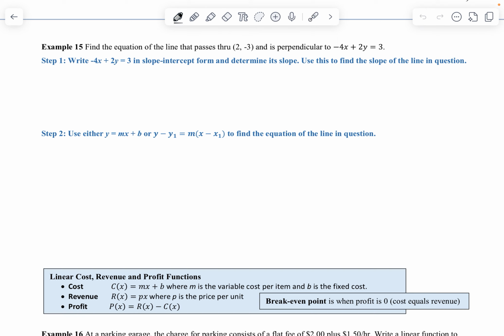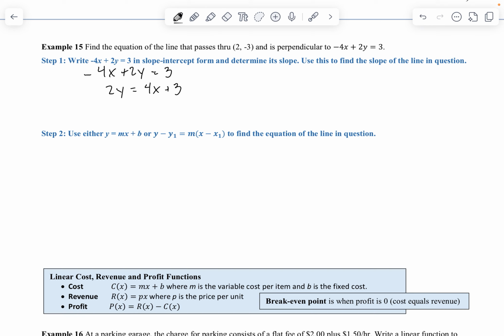Begin by writing this line in slope-intercept form. So to do that, we need to solve it for y. We're starting with -4x + 2y = 3. I want to solve this for y. I'll begin by adding 4x to both sides. So I get 2y = 4x + 3.